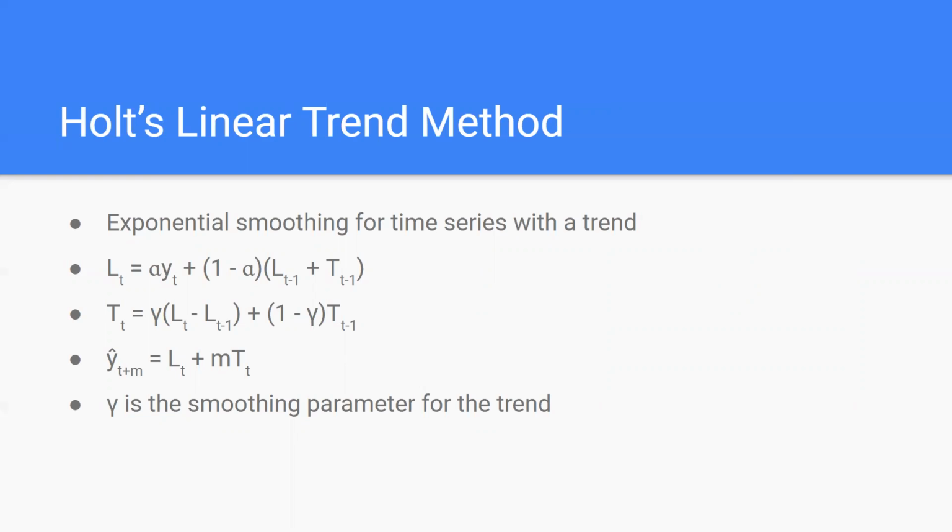The level equation shows that L_t is a weighted average of Y_t and the forecast for time t represented by L_{t-1} plus T_{t-1}. Meanwhile, the trend equation shows that capital T_t is a weighted average of the estimated trend at time t based on L_t minus L_{t-1} and T_{t-1}, which is the previous estimate of the trend.